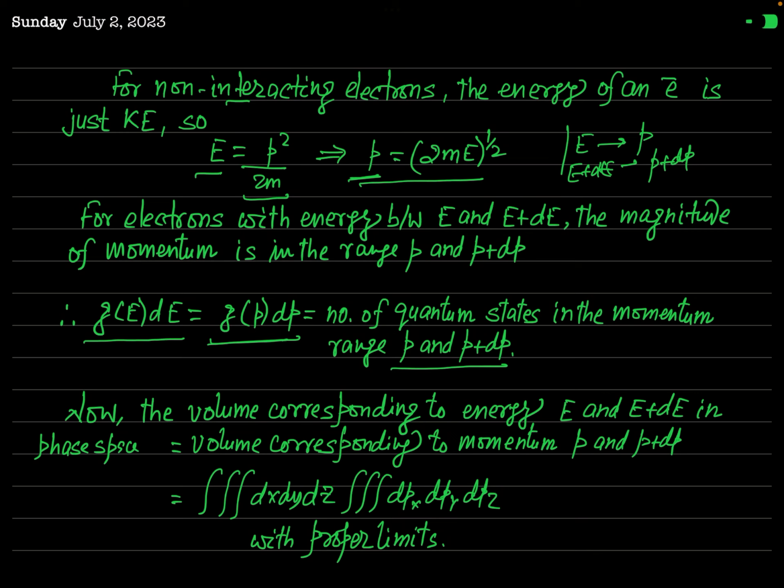So you can write that the volume in phase space corresponding to the energy between E and E plus dE, that will be equal to the volume corresponding to the momentum between p and p plus dp, and that will be equal to the volume in position space, given by the integral of dx dy dz, times the volume in momentum space, given by the integral of dpx dpy dpz. I have not written any limits here, but when the actual problem is solved, there must be proper limits.